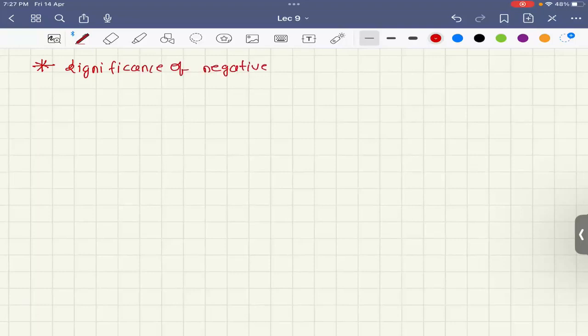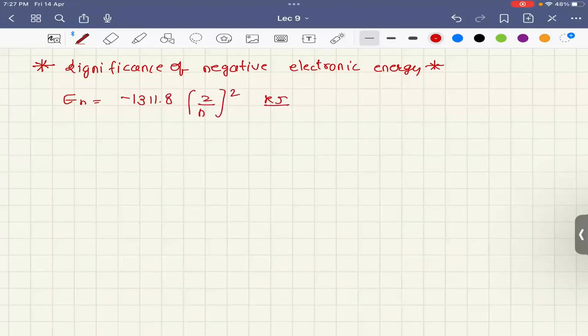It is clear from the above relation, En is equal to minus 1311.8 times (Z by n) whole square kilojoule per mole, that the energy of an electron in the hydrogen atom is negative. The energy is negative because this term is positive as it's a square, so all these terms come out to be positive, and this is multiplied by minus 1.